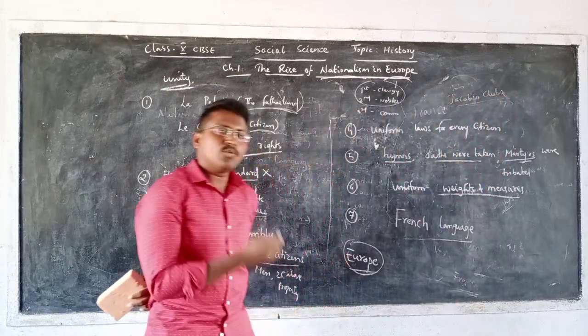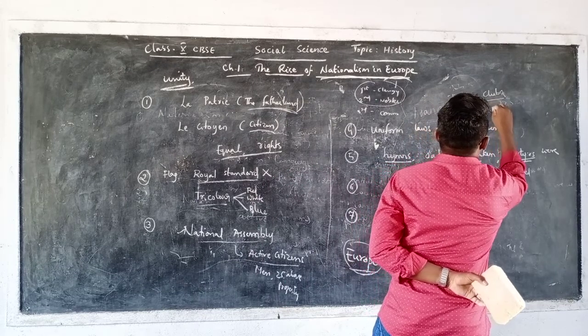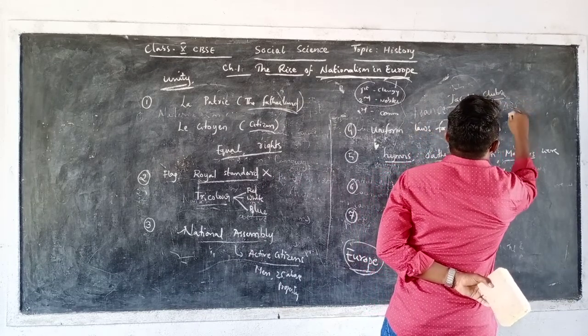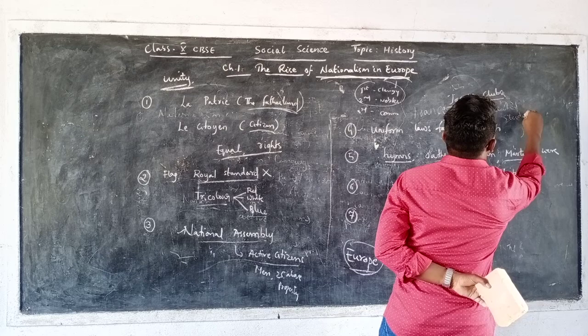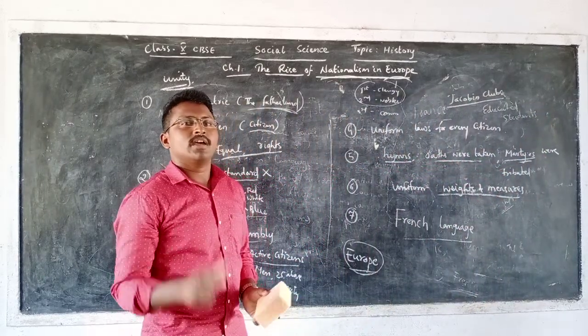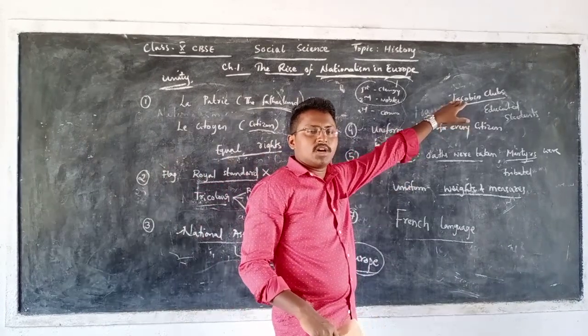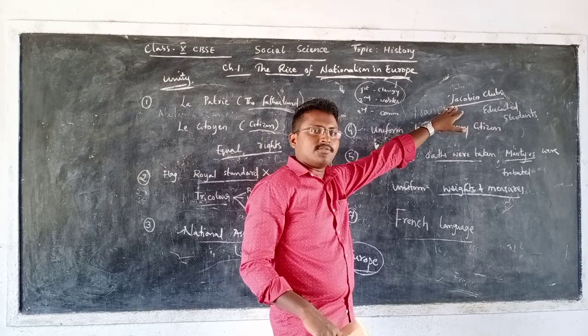The members of these Jacobin clubs were mainly educated middle class people, or you can also say students. They started setting up these Jacobin clubs. The main reason behind these Jacobin clubs was a person known as Saint Jacob, whom we discussed in this French Revolution.